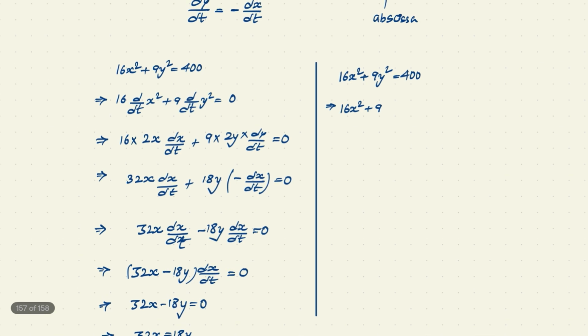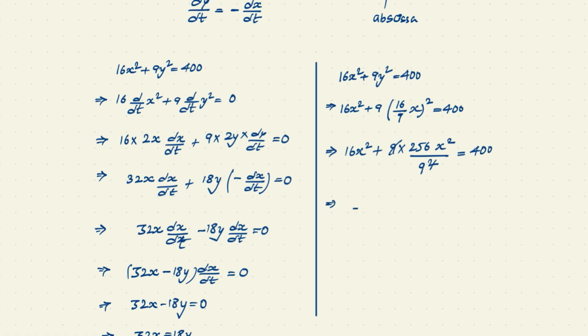So it will be 16 by 9 x whole square equals 400. So here it will be 16x square plus 9 into 16 square, that is 256 x square, by 9 square. This 9 and this square got cancelled, equals 400.